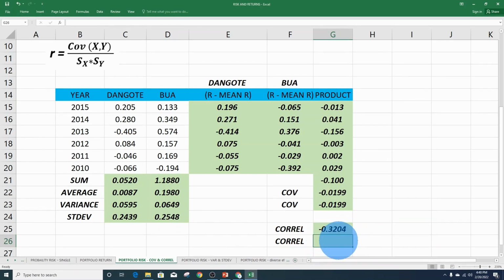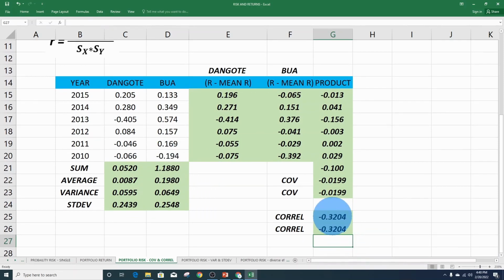So if we use the CORREL function in Excel, equals CORREL. Now array 1 is Dangote, comma, array 2 is Bua, bracket close, enter. So that is the same value.